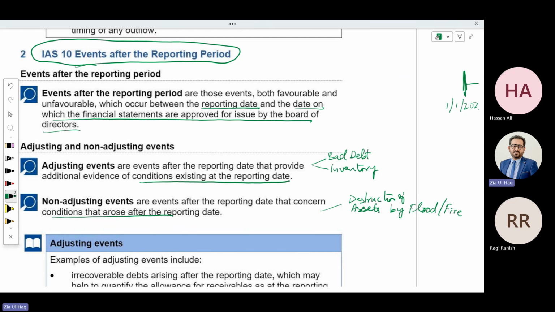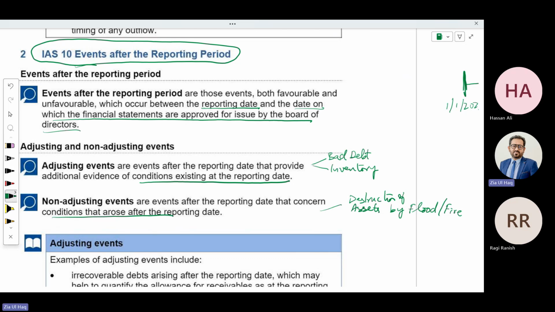Because there is no condition existing at 2023. But as we are aware of this loss before issuing the current year, 2023, financial statements, we need to provide a disclosure in the current financial statements. Just to provide information to the shareholders, that this loss will be reflected in the next year's financial statements, so that if they want to make any decision, they can.